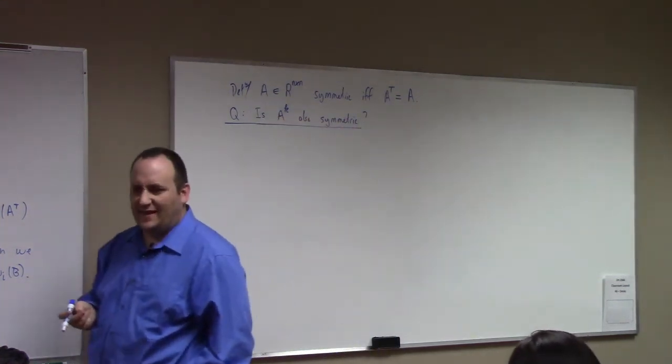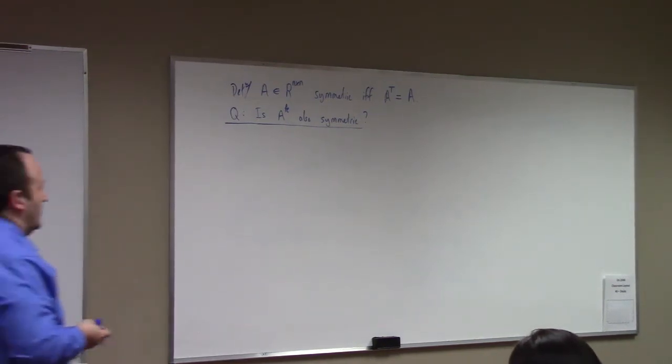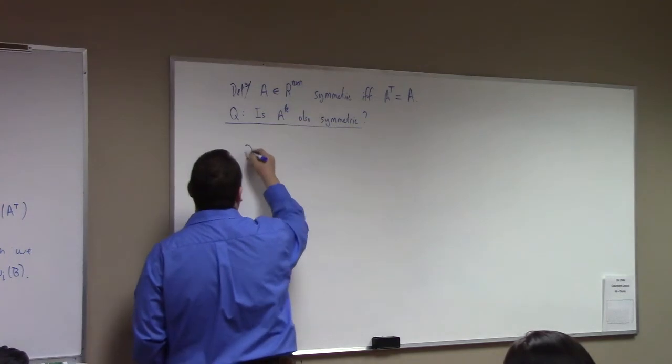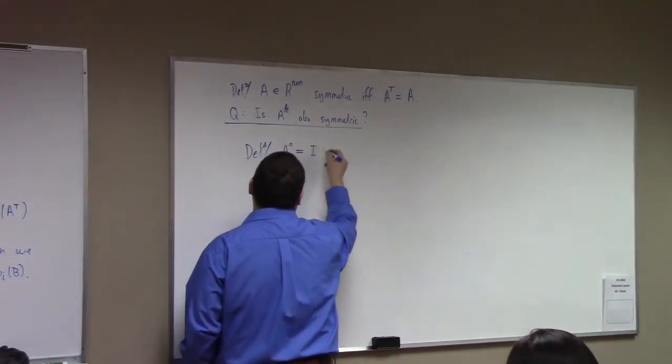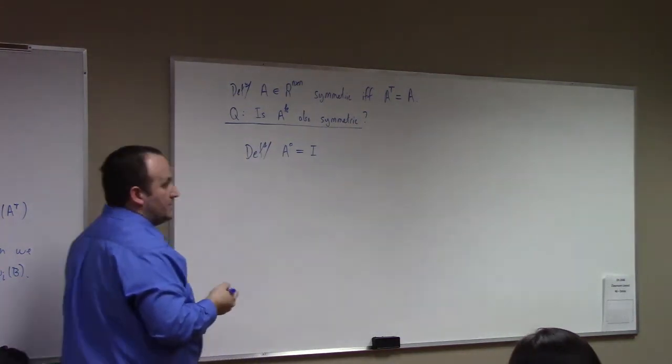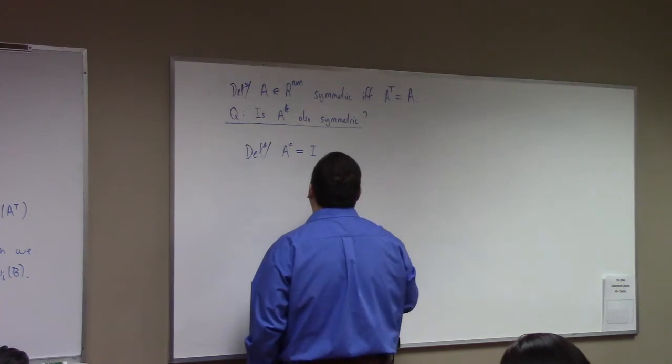And by the way, what is the kth power of a matrix? I probably should define that. Definition: A to the 0 is equal to the identity matrix, which I have not defined yet, annoyingly.